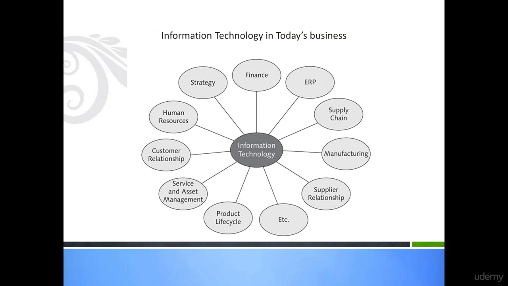Okay. So before we jump into what BW is, I have to tell you why information technology is so vital in today's business. When you look at this picture, every division or every entity is connected directly to information technology: human resources, customer relationship, product lifecycle management, finance, ERP, manufacturing, supply relations.